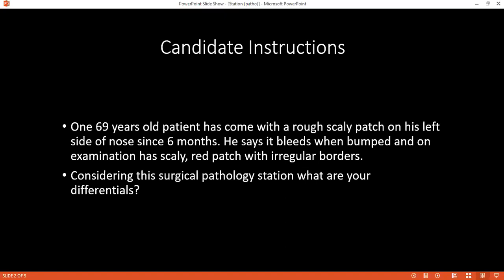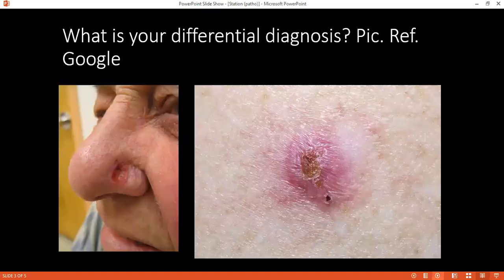Can you please describe this lesion for me, looking at the patient? Ma'am, it's an erythematous nodular lesion with central crusty incrustation and dry crusty appearance on the left side of the nose.